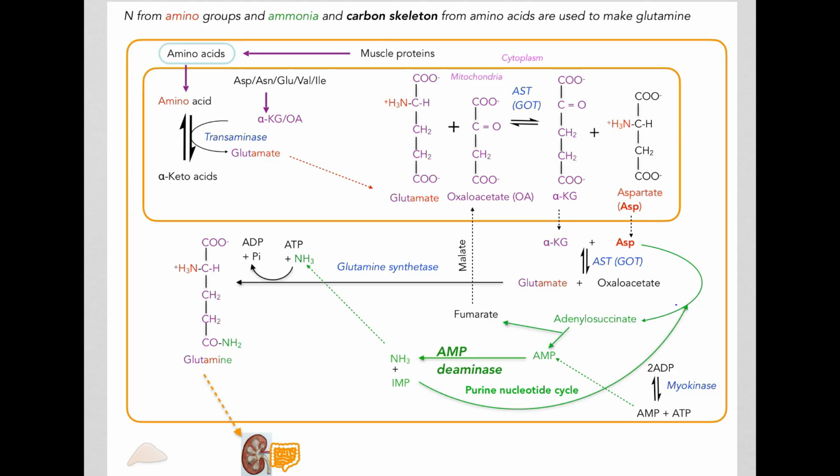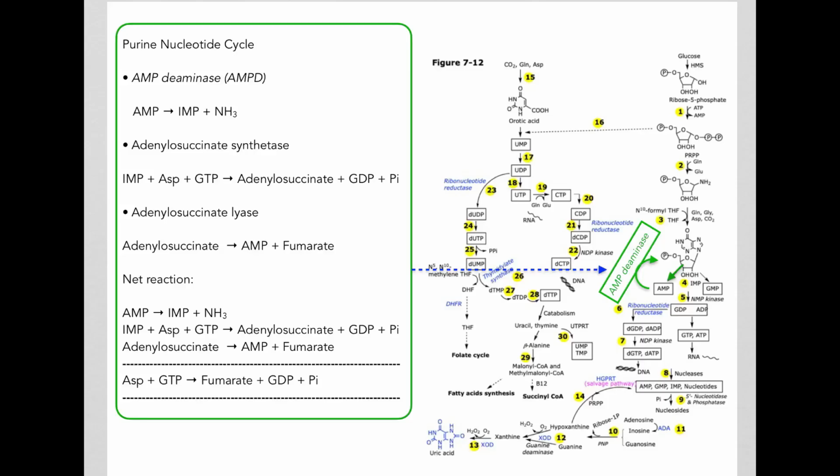We talked about this green part here, which was part of the purine nucleotide cycle. This cycle involves three enzymes that we talked about: AMP deaminase, adenylosuccinate synthetase, and adenylosuccinate lyase.